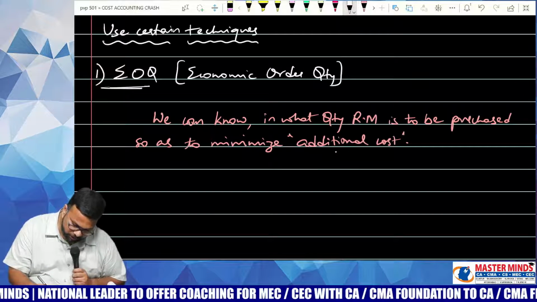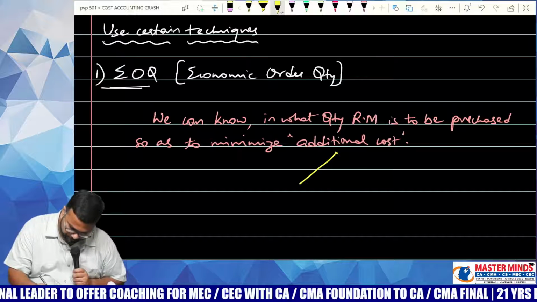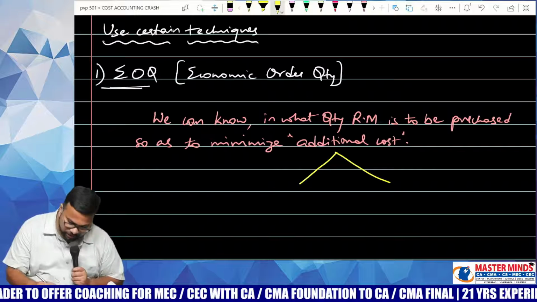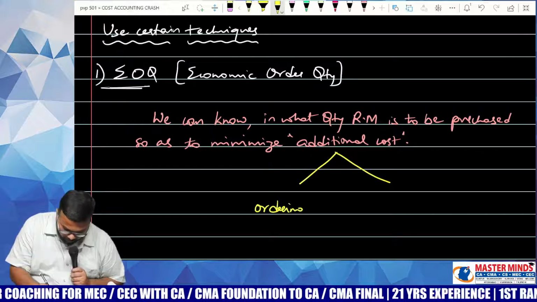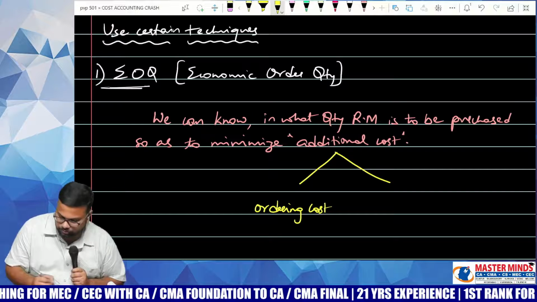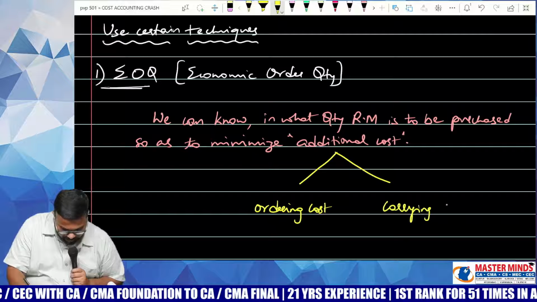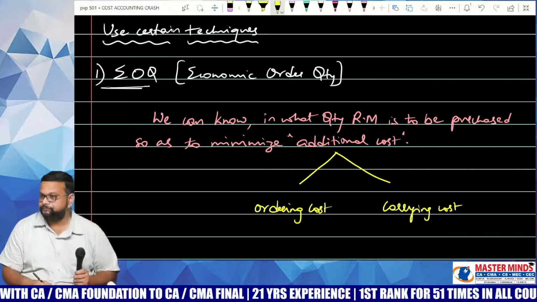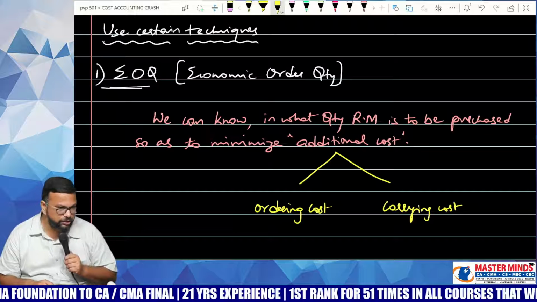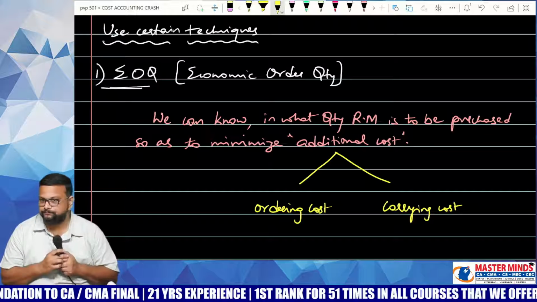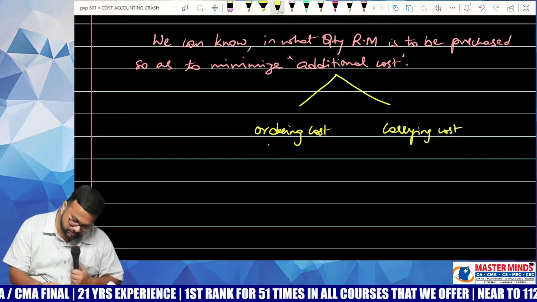Additional cost means two things. It is the summation of ordering cost and carrying cost. Okay. Sir, what do you mean by ordering cost, sir?